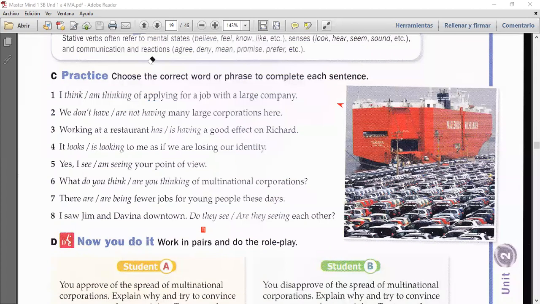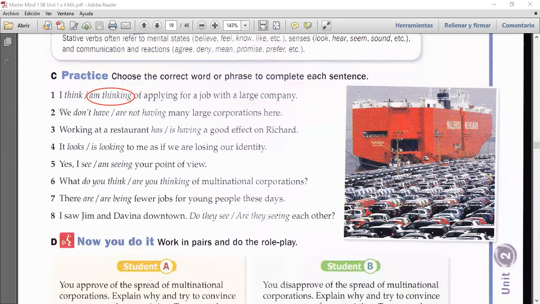Do it, please. Number one, I am thinking of applying for a job with a large company.